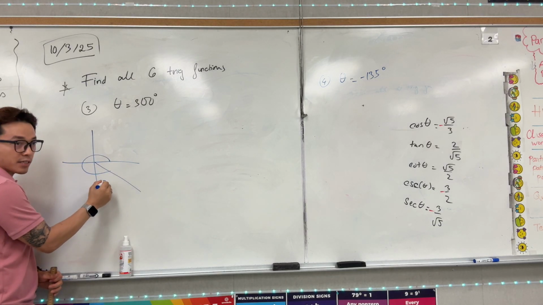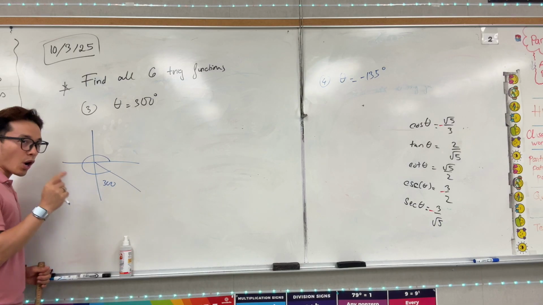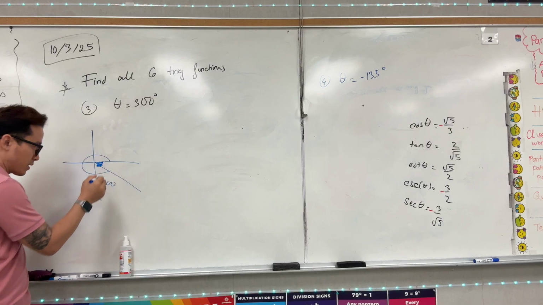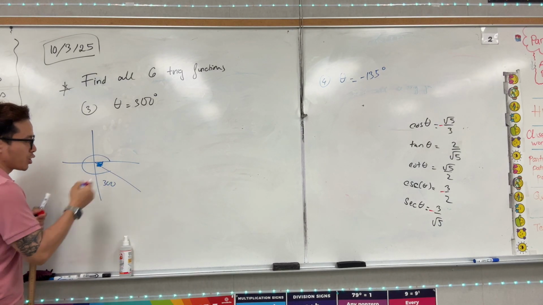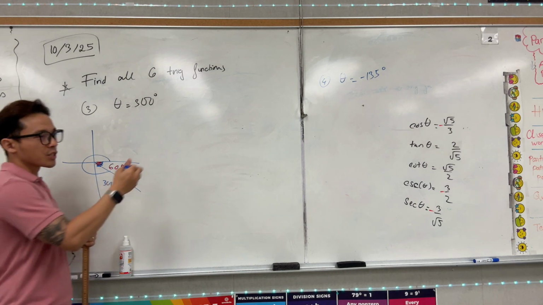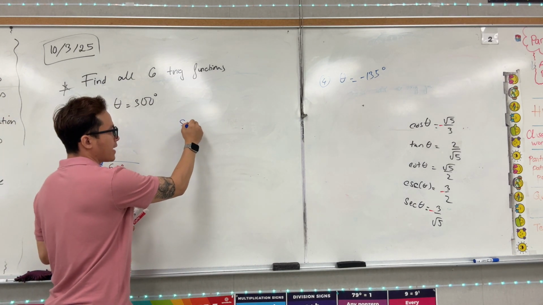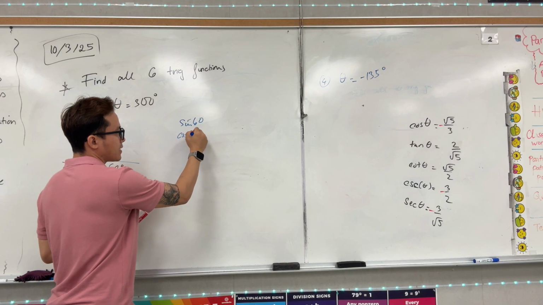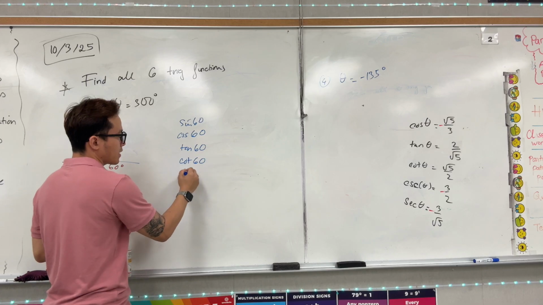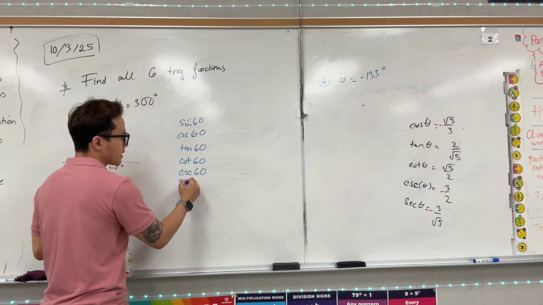The only angle that's less than 90 degrees is this one, 60. So what you need to do is just sine 60, cosine 60, tangent 60, cotangent 60, cosecant 60, secant 60.